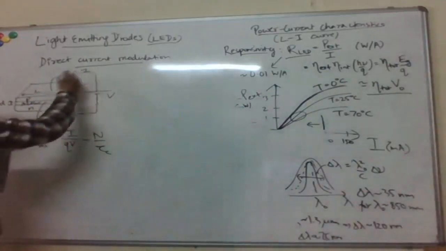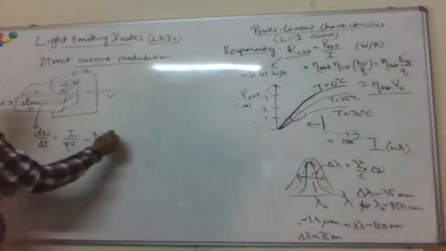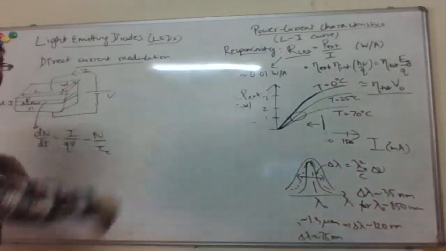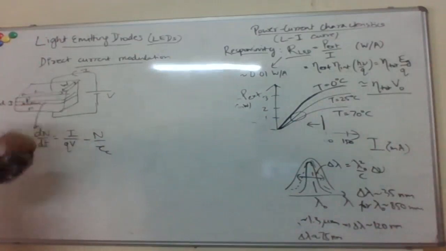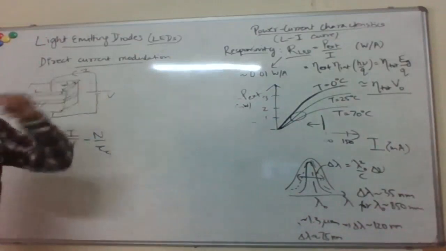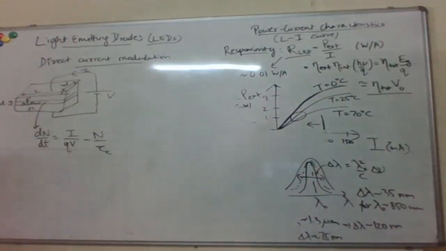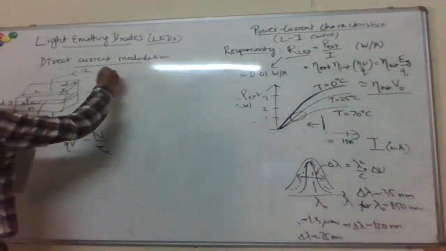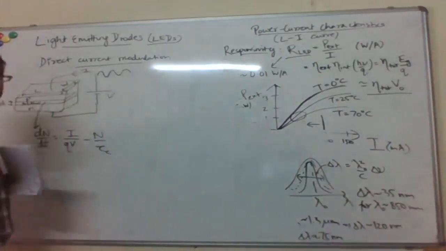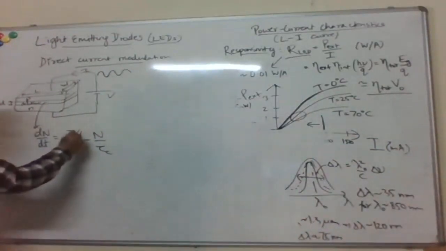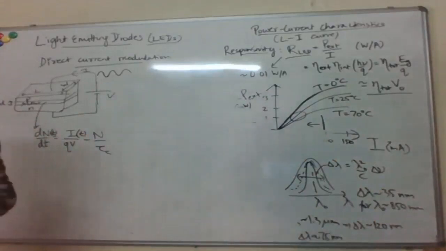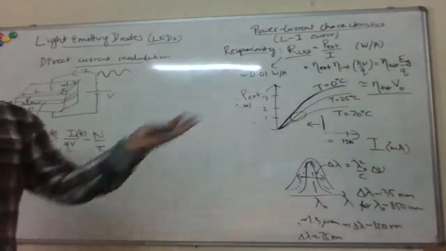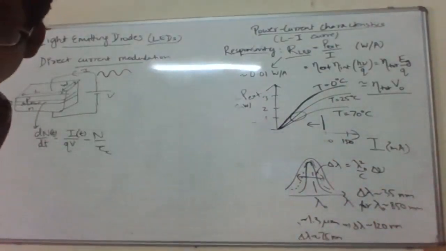Of course, if you have a DC current, steady current here, then eventually this becomes zero, and we have a steady concentration of charge carriers, which are recombining at some rate and giving me a constant power. But now we are interested in modulating this, so sending some time varying current. If this current is now time varying, you can see that this will also be time varying, which will give me a time varying optical output.